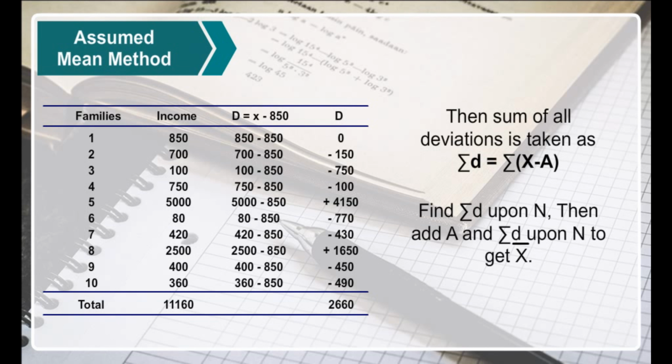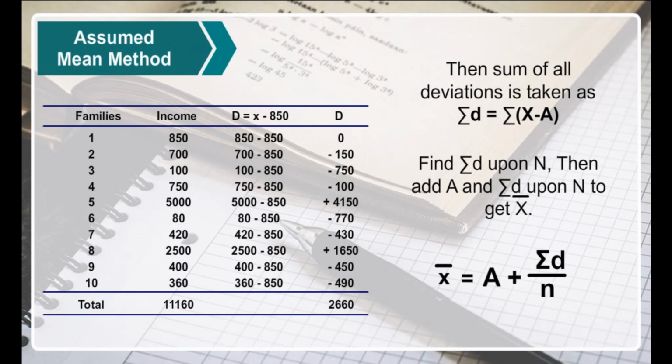Then add A and summation d upon n to get x bar. Therefore, x bar equals A plus summation d upon n.